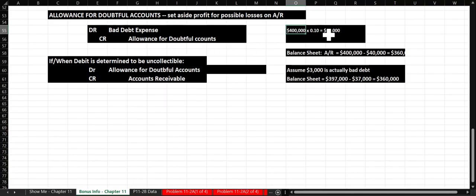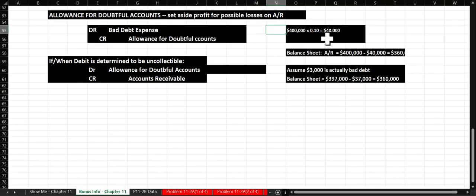Well, technically what the firm would do is they would go through and analyze their receivables, and they would look at each account and determine, based on what they know about that particular customer, the likelihood of collecting 100%, 80%, 70%, and so on. And then they would come up with an overall amount.